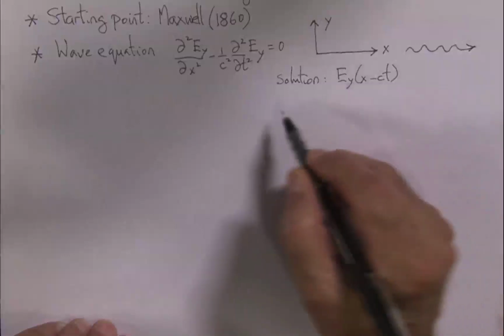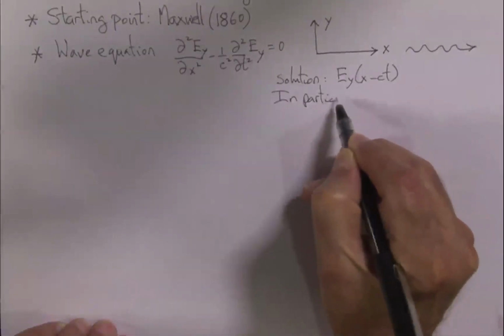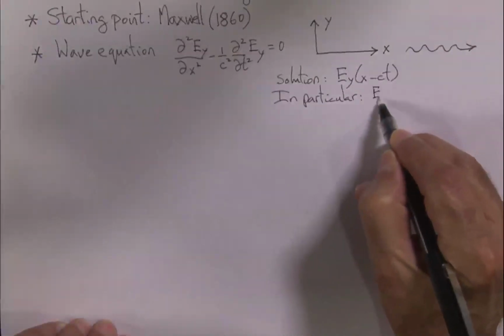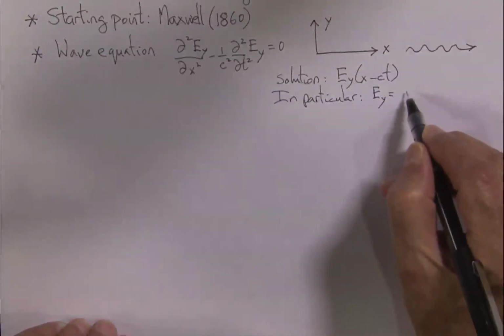In particular, we could have cosine solutions. So for example, Ey could be some constant, and now I'll need to call that constant something.